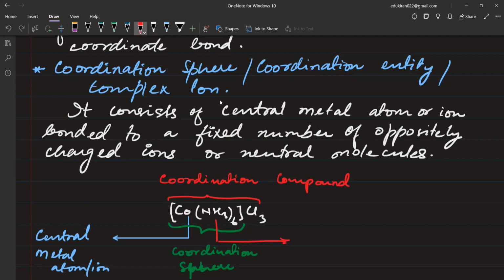It is the ligand. Okay. And the last thing that is remaining, the Cl3, it is just the counter ion.